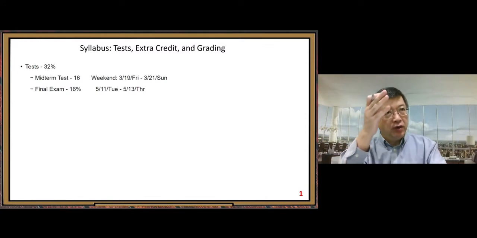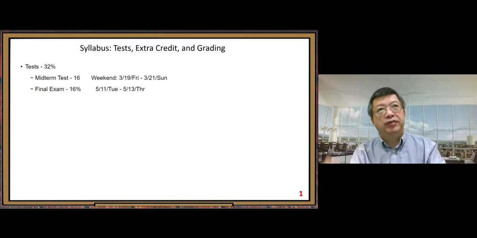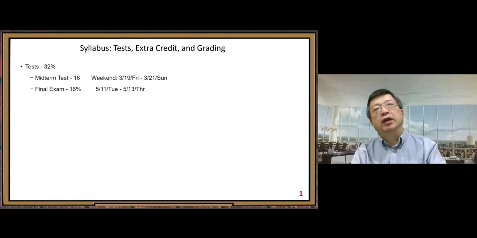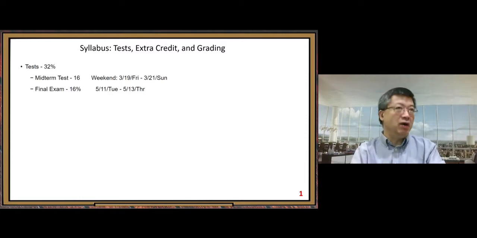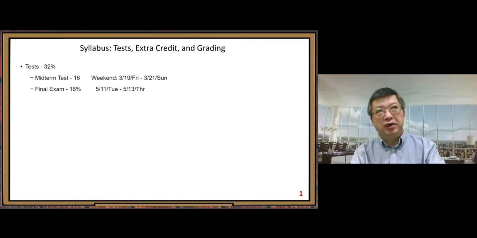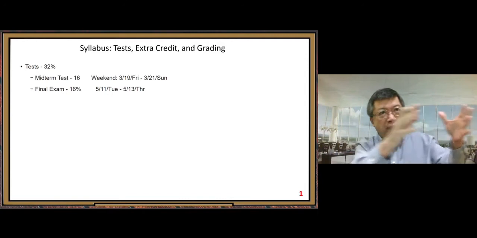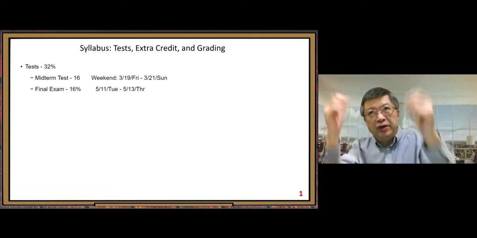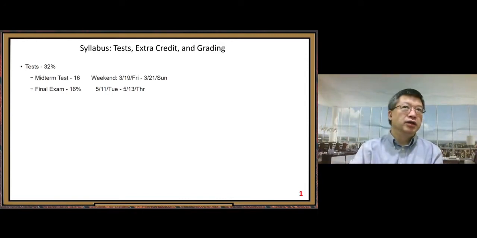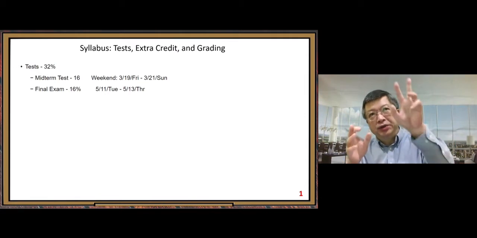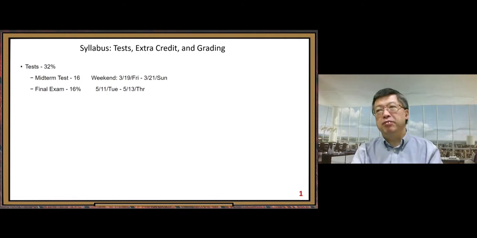When I teach the regular course, usually I give three tests: test 1, test 2, and a final. But in this online environment, it is very hard. Usually the whole thing moves from beginning to end slower than the regular course. Based on that, I changed to the two test format: midterm and final.